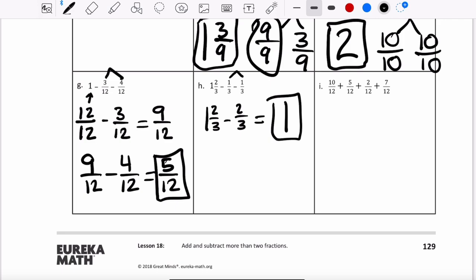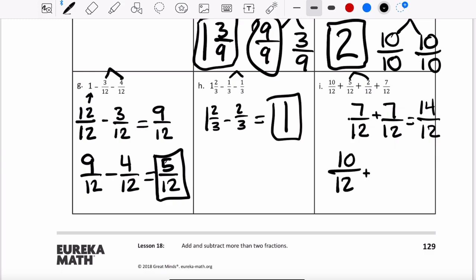Next one, 10/12 plus 5/12 plus 2/12 plus 7/12. So we are going to combine 5/12 plus 2/12. 5 plus 2 is 7, so we have 7/12. And then if we add another 7/12, 7 plus 7 is 14, so we have 14/12.